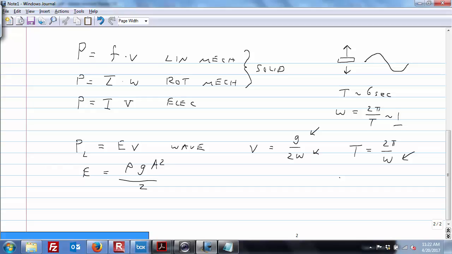V equals g over 2 omega, so power equals rho g A squared by 2 times g over 2 omega, which equals rho g squared A squared by 4 omega.